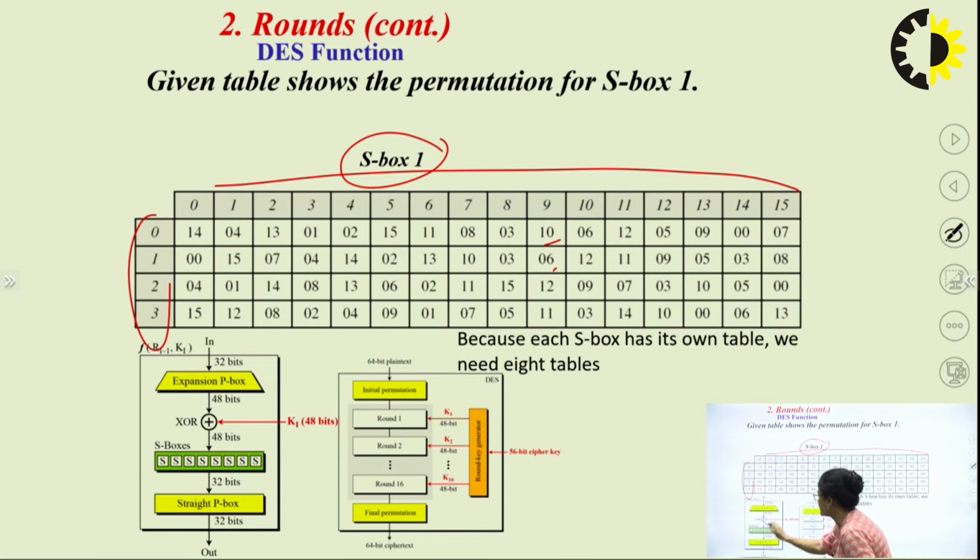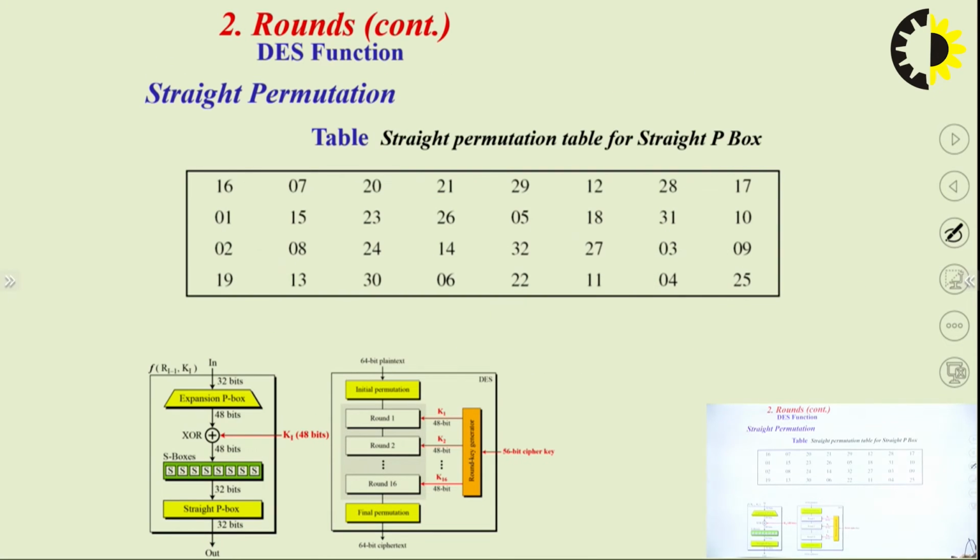How many such tables will you have? We have 8 S boxes, so you'll have 8 such tables. So we have already explained the expansion P box and the S boxes.